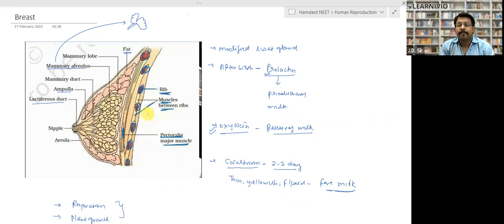A nursing mother means the mother who is involved in breastfeeding. A nursing mother produces 1 to 2 liters of milk per day. Next point.